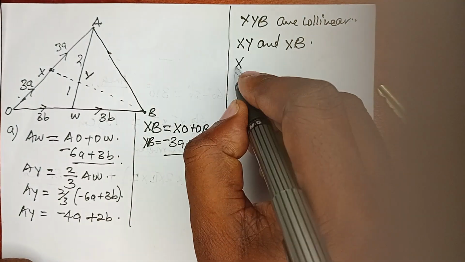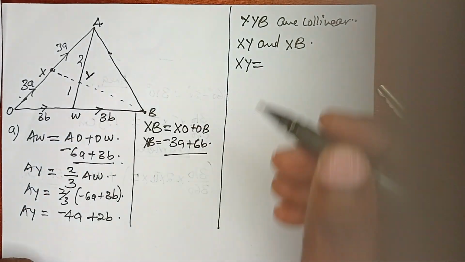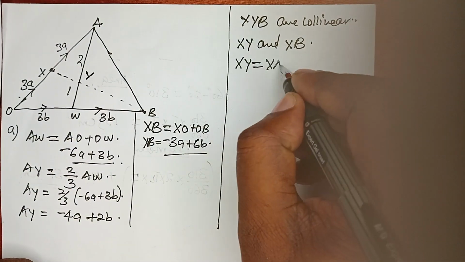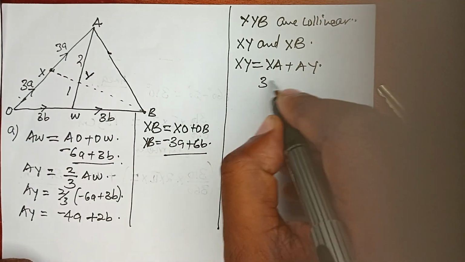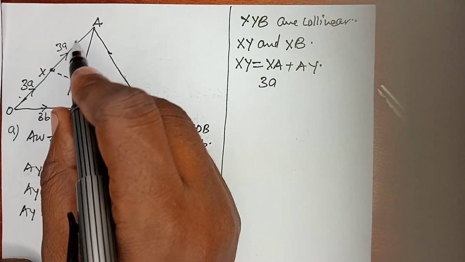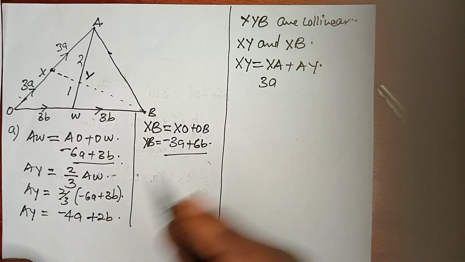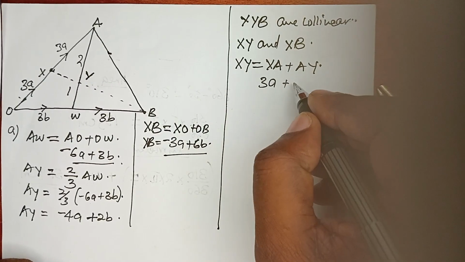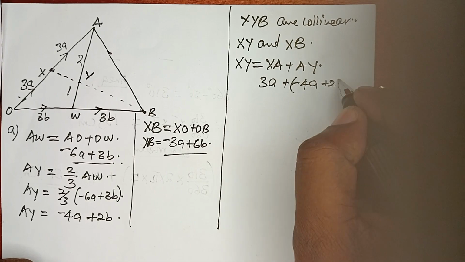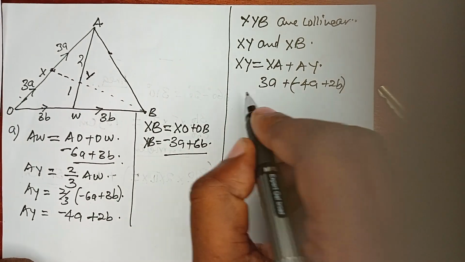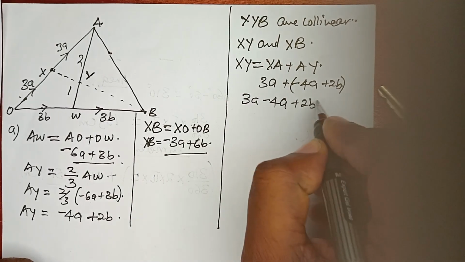So what is XY? XY is XA plus AY, and XA is simply 3A because it is agreeing with the direction, plus AY, which is found here, minus 4A plus 2B. Opening the brackets, we have 3A minus 4A plus 2B.